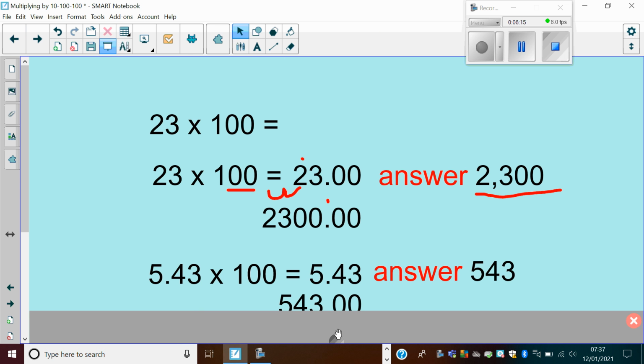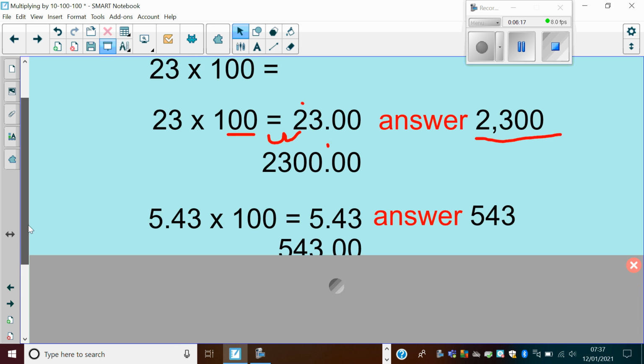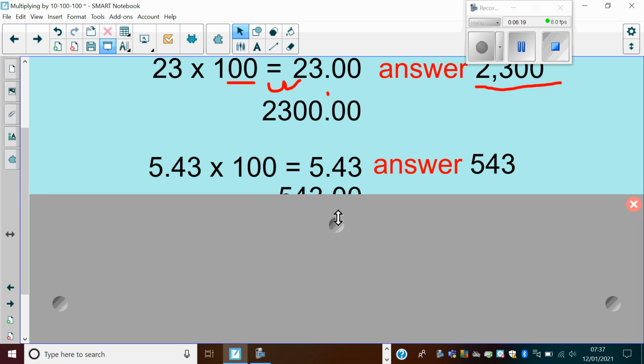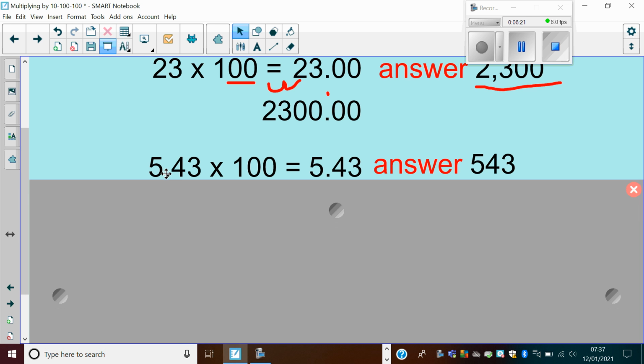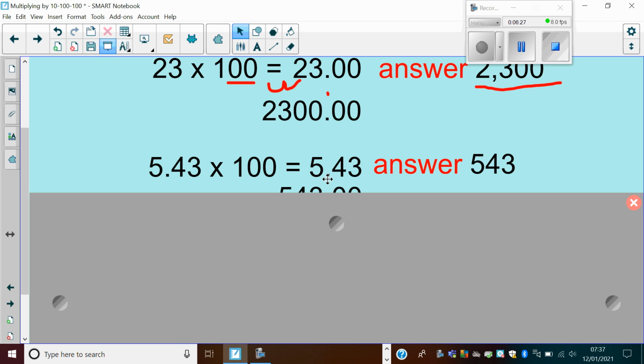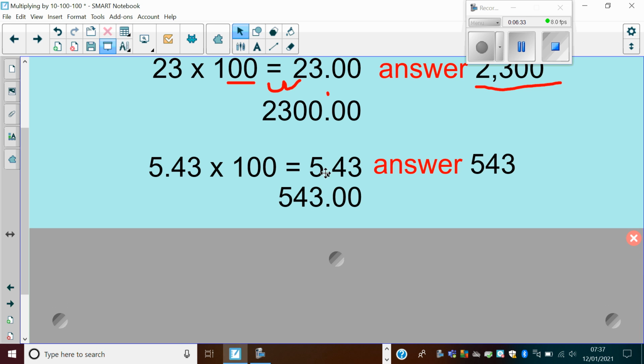I might have another one under here. Let's have a look. So 5.43 times 100. What am I going to do? I'm going to put a decimal point in below the 5 here, decimal point in line.